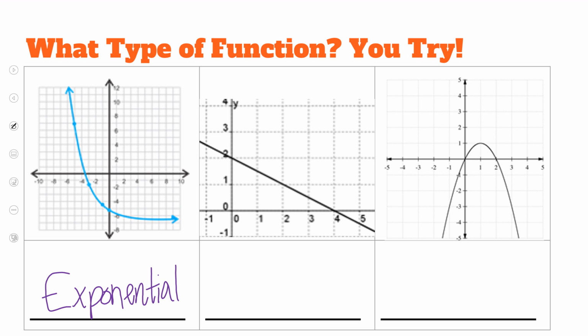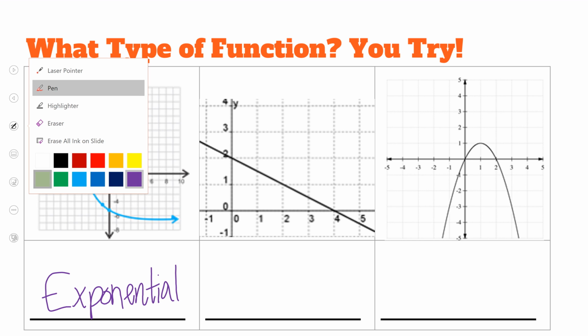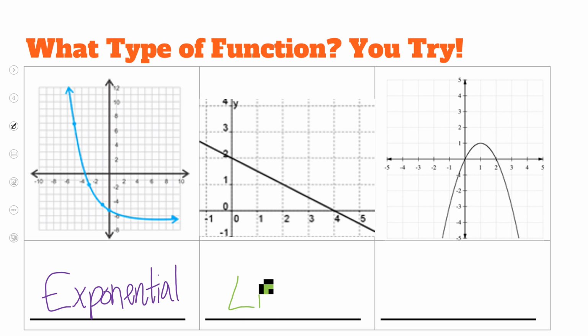Our next graph given to us is a line, so therefore it is a linear function. And the last graph given to us had that weird name. It's a parabola. It looks like in this case, it's an upside down parabola, or it's a turned over bowl, whatever you're comfortable with. And we're going to call this a quadratic function.